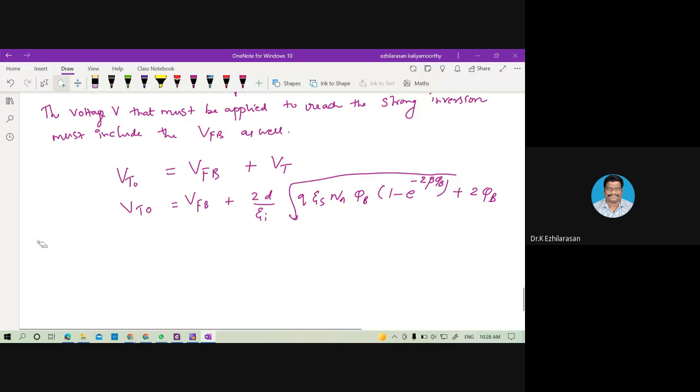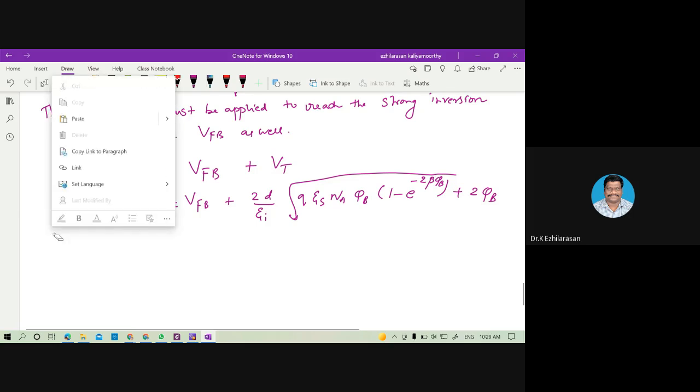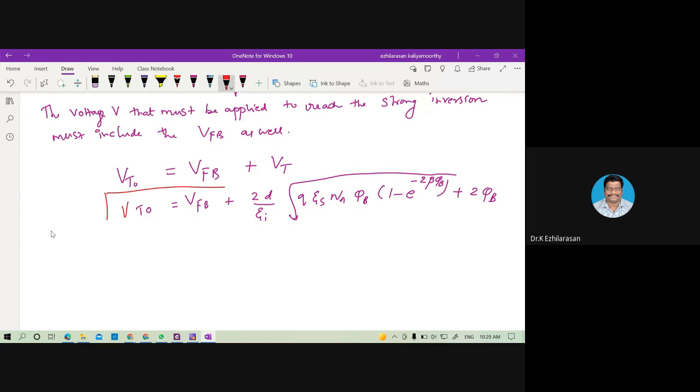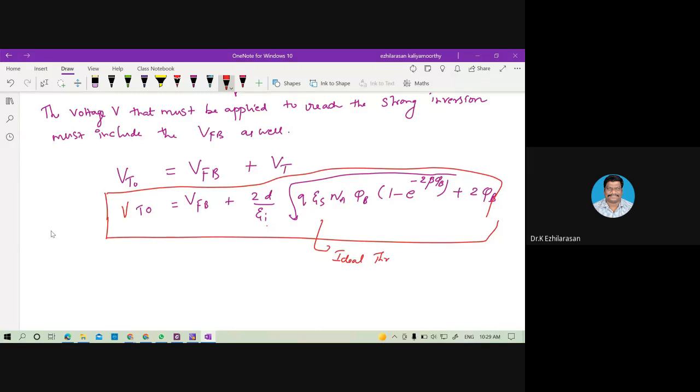So this will be your final expression. This portion is completely the ideal threshold voltage, and the ideal threshold voltage plus the flat band voltage will give you the complete threshold voltage.